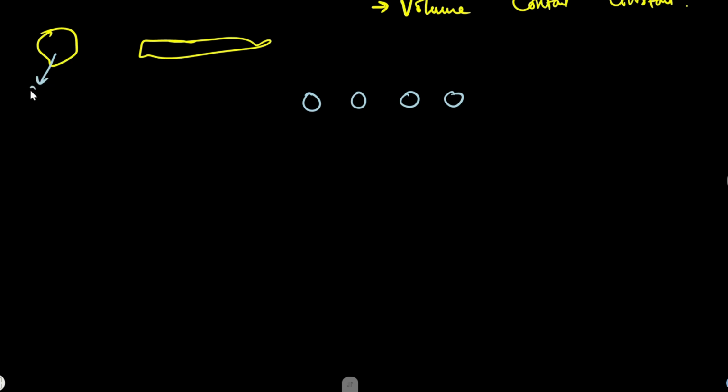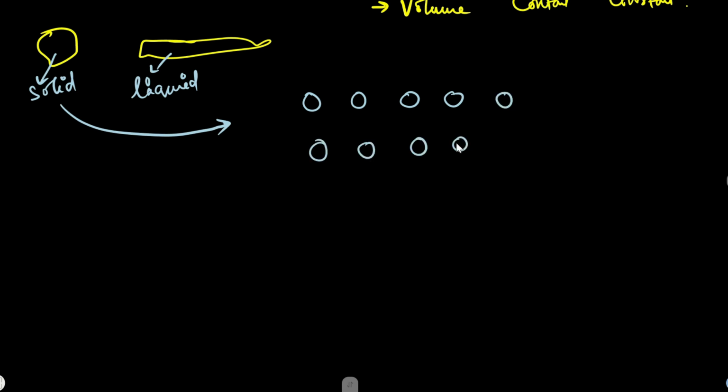If we go deeper, let's say this one is a solid and this one is a liquid. If I get into the microscopic view of the solid, we'll find that all the molecules are arranged in such a fashion that they will not move. They have a proper force of attraction among themselves.